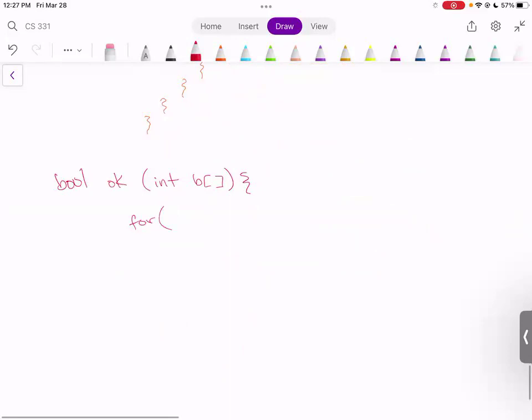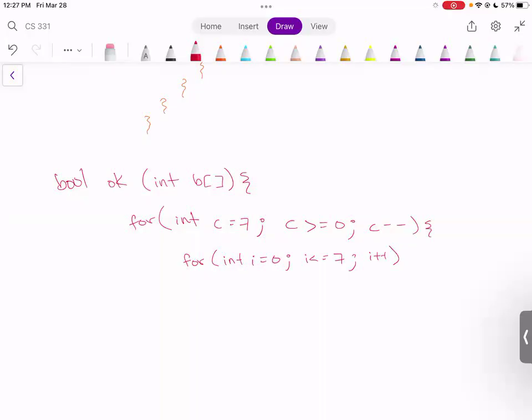And you have a double for loop: int C equals 7, C greater than or equal to 0, C minus minus. And then you have a second for loop, I less than 8, either way works.